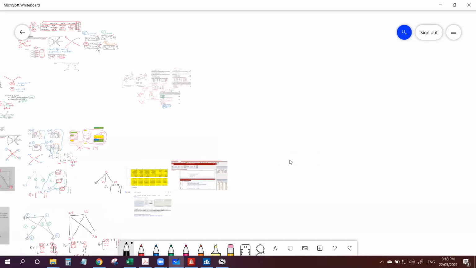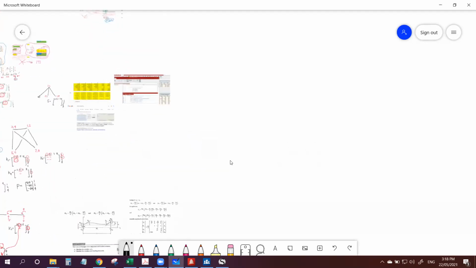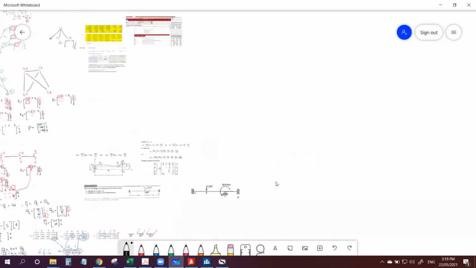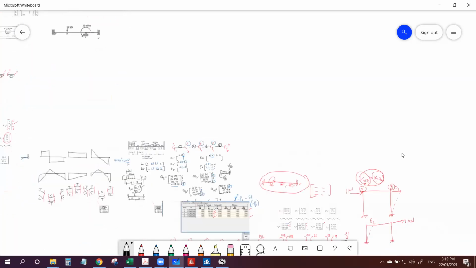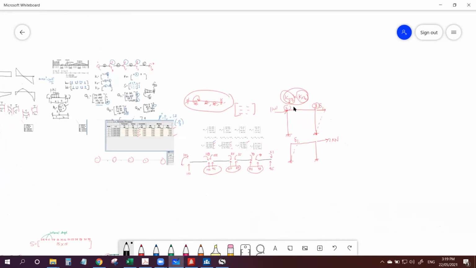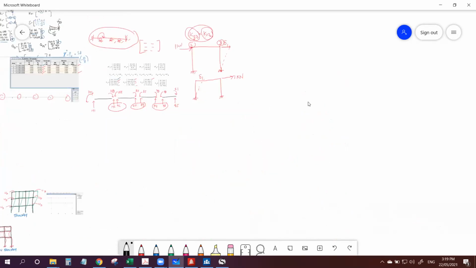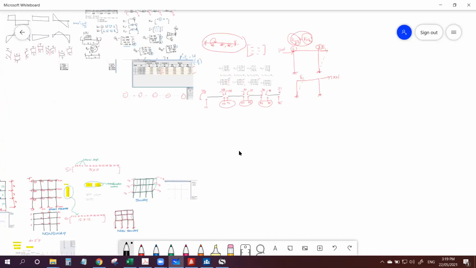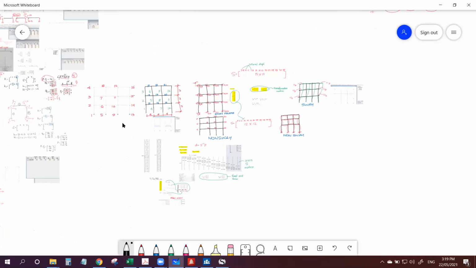The cross sections are equal, and the frame is symmetrical also.